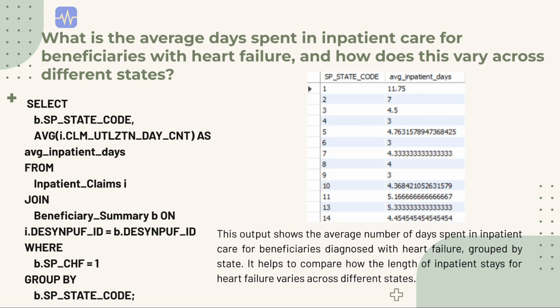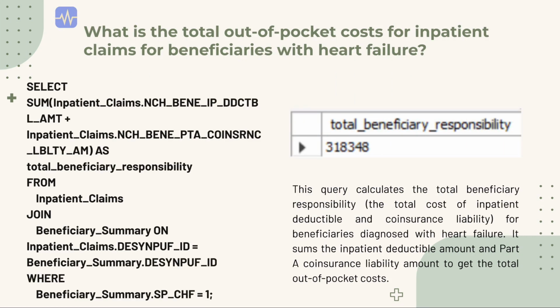The query then grouped the data by state so that we can look at the average inpatient days for each state individually. This query similarly looks at beneficiaries diagnosed with heart failure, but in terms of the total out-of-pocket cost for inpatient claims. The components of this query include the beneficiary's inpatient deductible amount, as well as the coinsurance liability amount for the beneficiary for inpatient care.